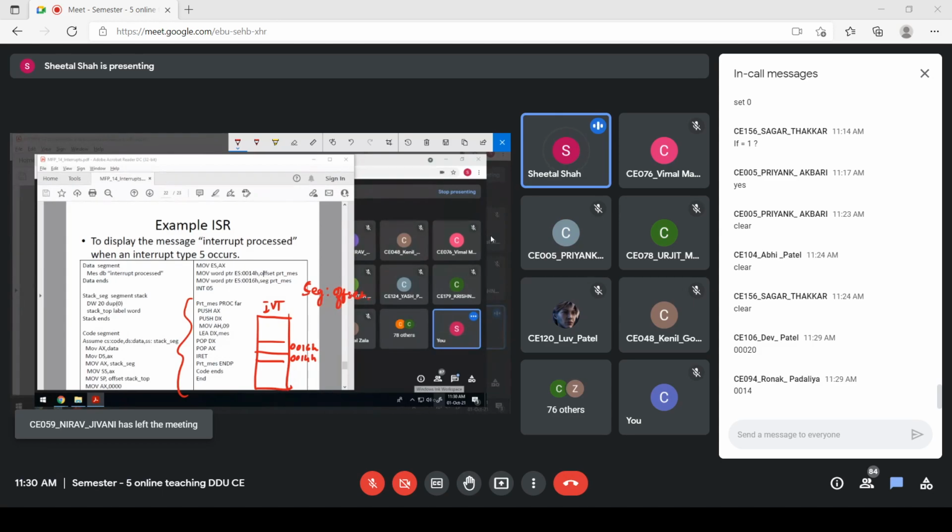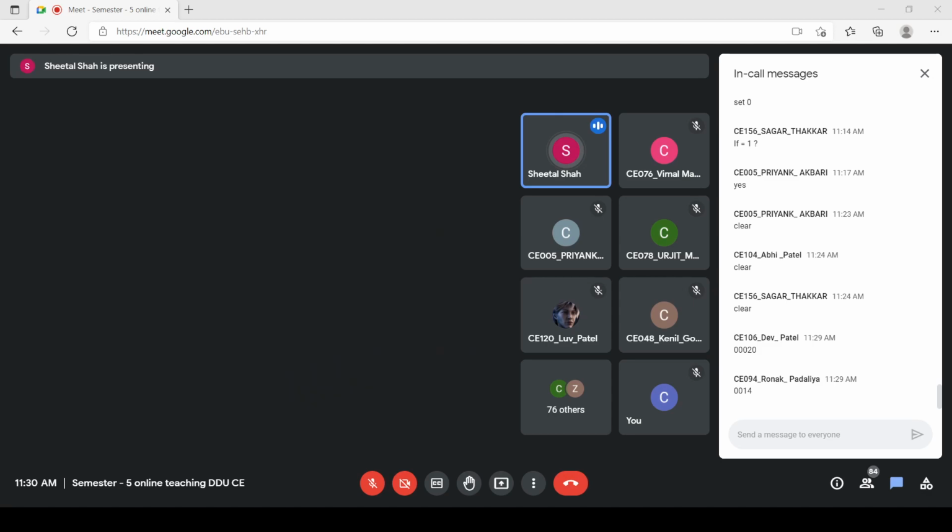So now this segment address I have to store at address 0016H. Assume that this is stored at 2300:0008. So by writing this MOV OFFSET PRT_MES, the offset value of this procedure, which is 0008, we are copying into ES:0014.